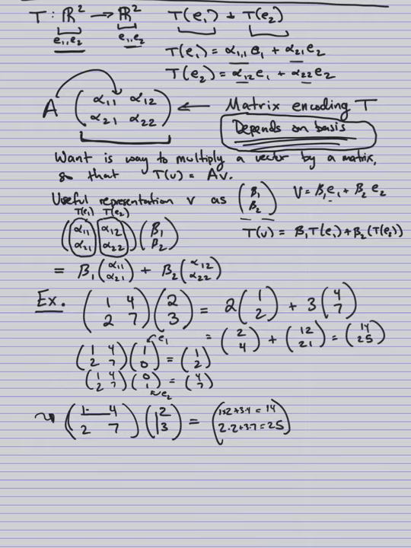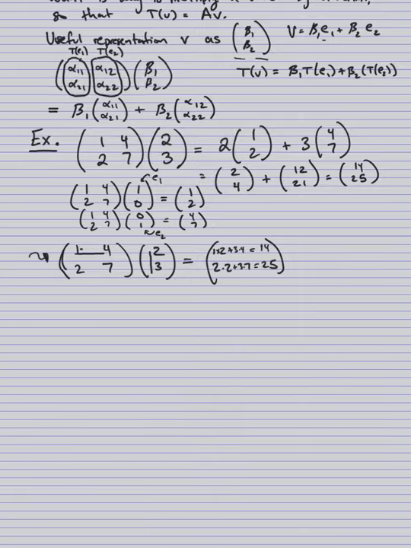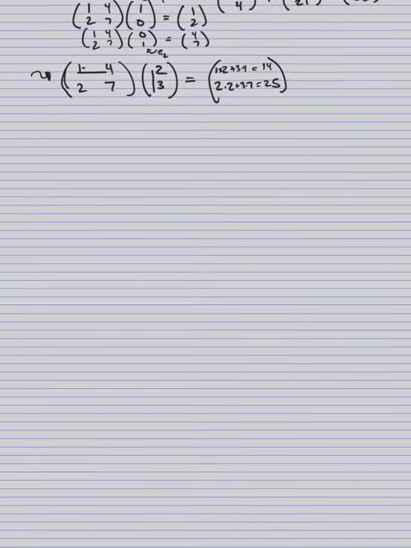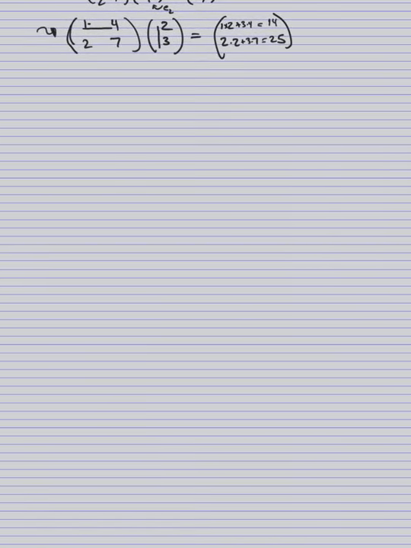Okay? So maybe I'll do the general formulation now. It's going to be very similar. So, general case. What do I mean by general case? Well, at this point, I'm just going to be thinking about linear transformations from Rn to Rm.